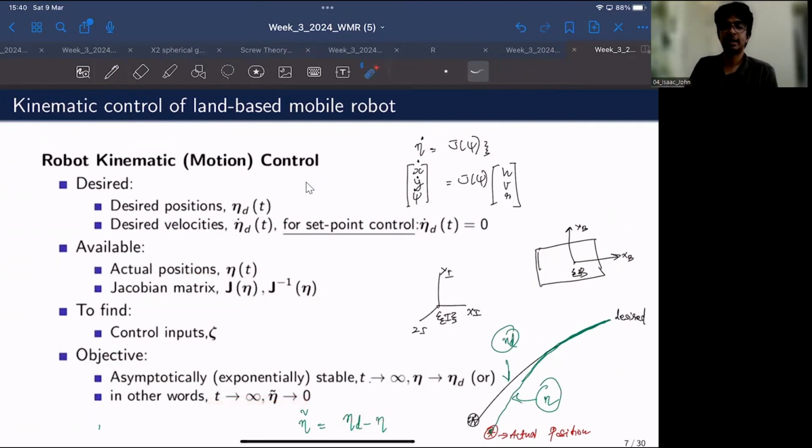The error between desired and actual position coordinates should vanish as time tends to infinity. That is what we call the system being asymptotically stable. As time tends to infinity, the system should achieve its desired state.